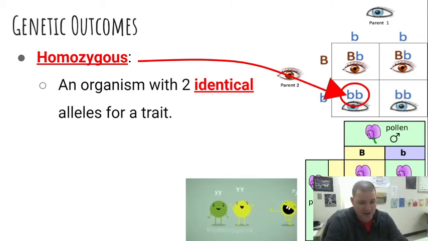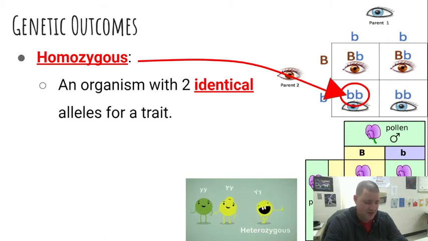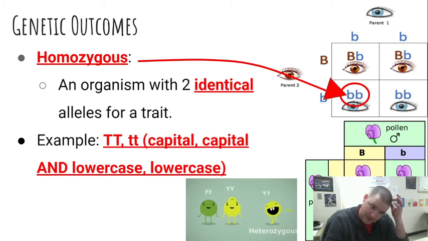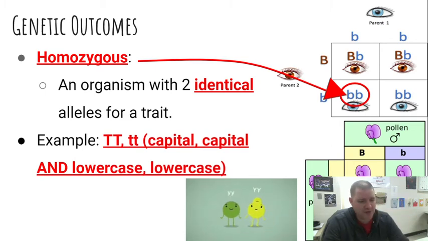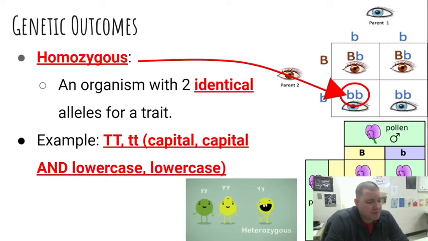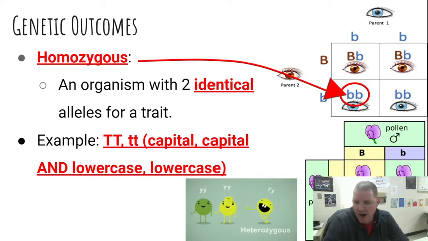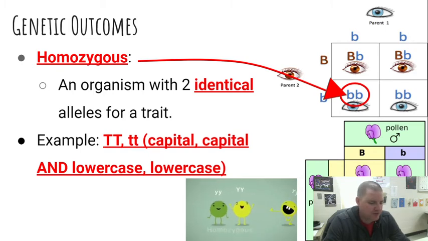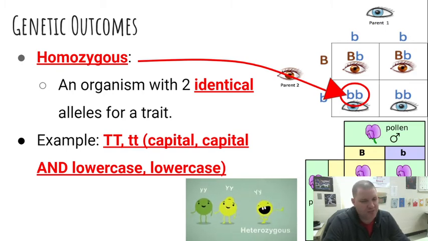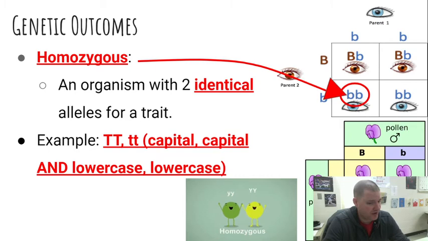So it's what purebred kind of meant. Purebred meant same. Homozygous means same. So examples would be if you had big T, big T, or little t, little t. Anytime you get 2 identical alleles, homozygous. So you could be homozygous dominant or homozygous recessive.